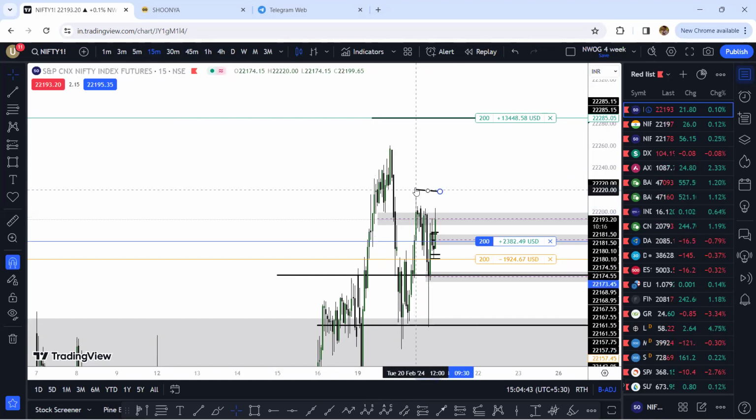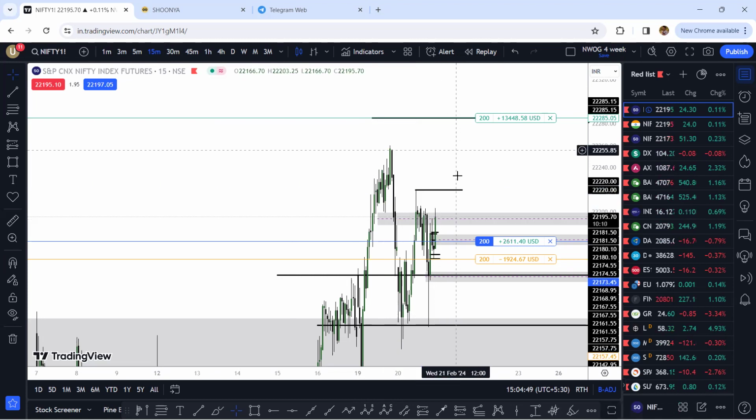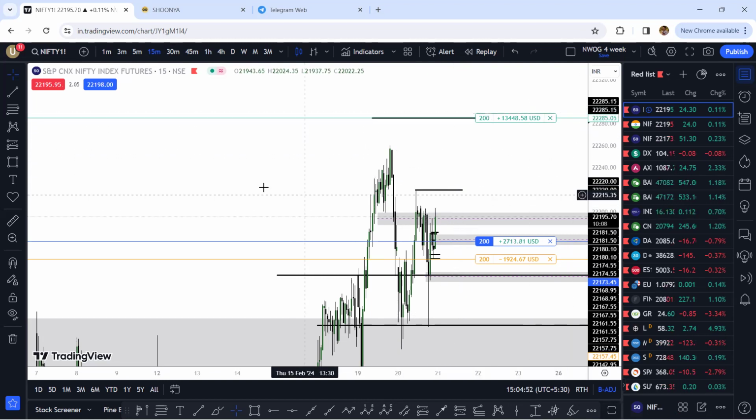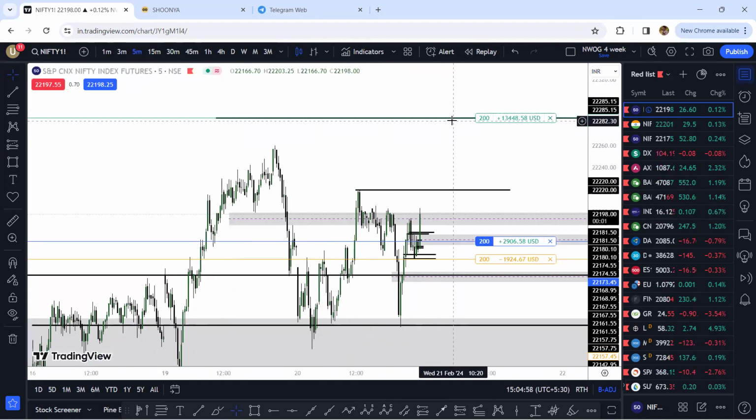It should at least take out these highs and then this high. Yes. So I can still be in this trade. Will expect that to act as support. Yes. Nothing to worry about.